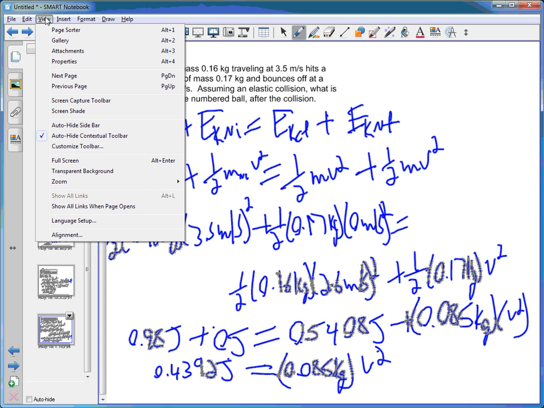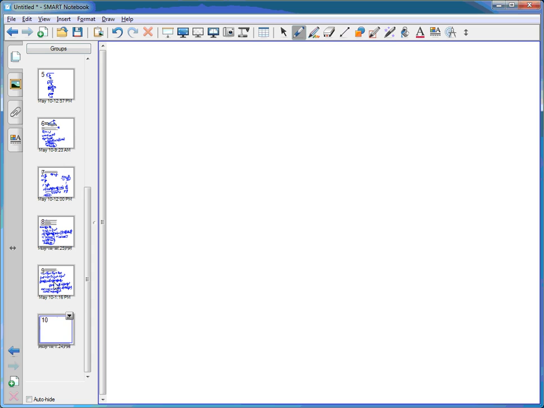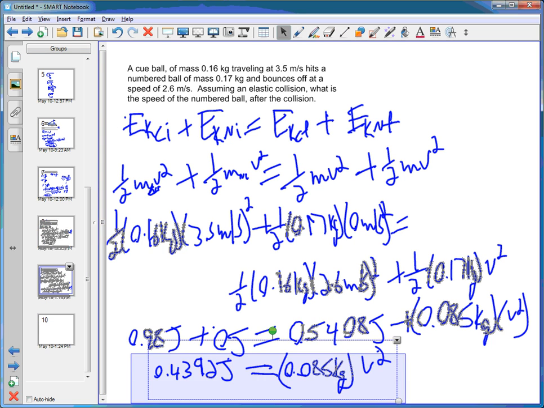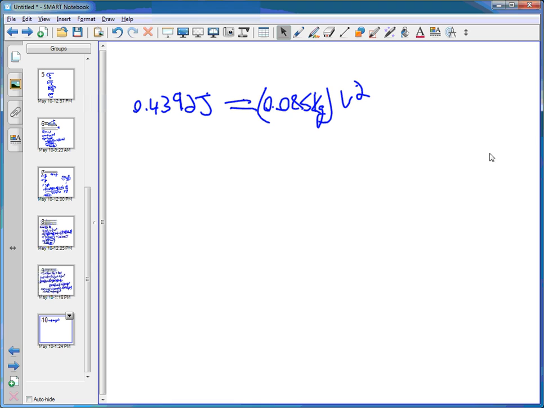Okay, so we've got this now. So we can divide out to get v squared alone. So 0.4392 joules divided by 0.085 kilograms is equal to v squared.